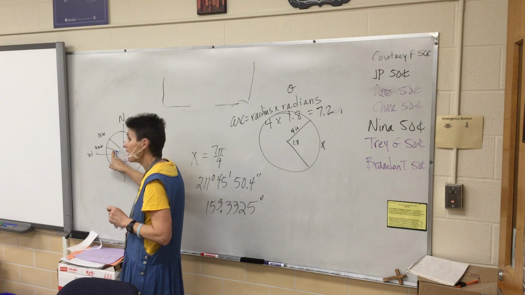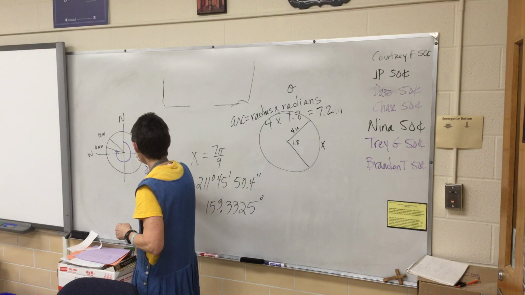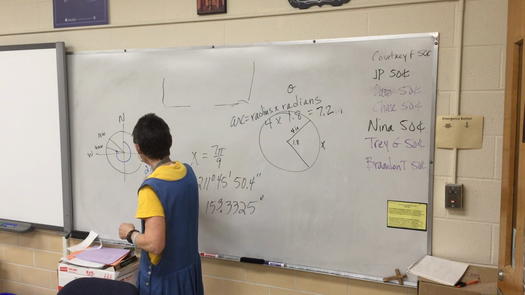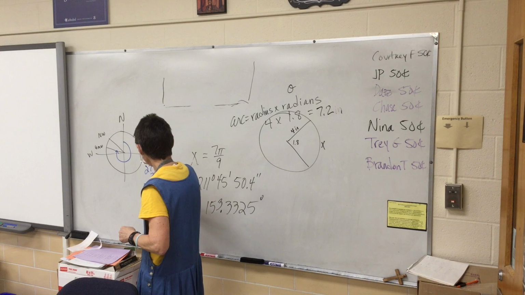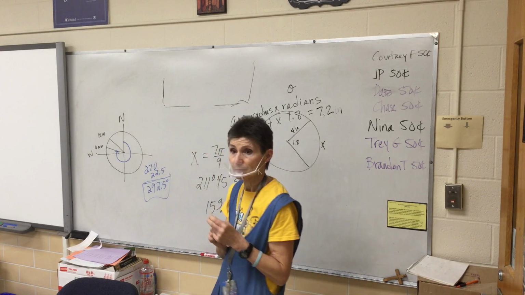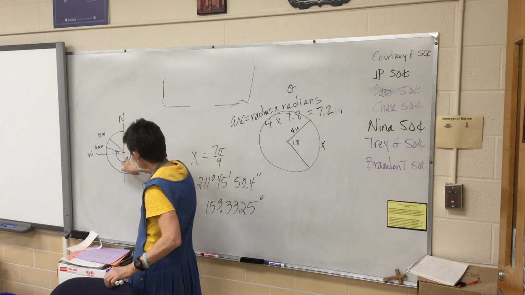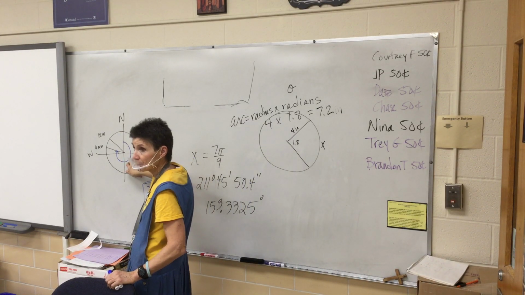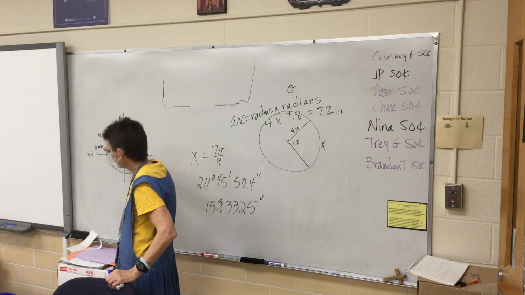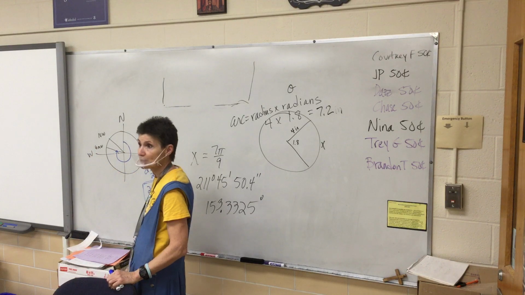And then I need another 22.5. So 270 plus 22.5, 292.5 degrees. That's your answer. Remember, each big section is 90. When you split the 90, it's 45s, and when you split those, it's 22.5s.